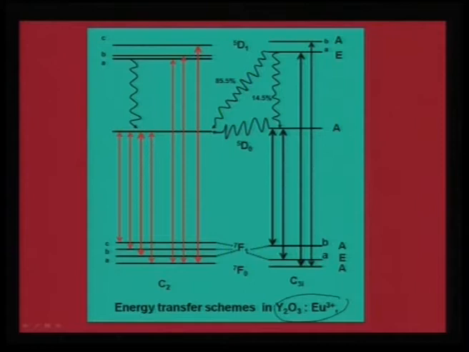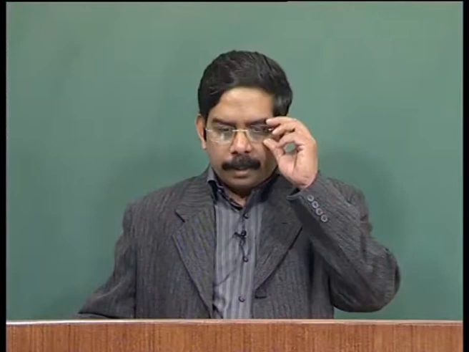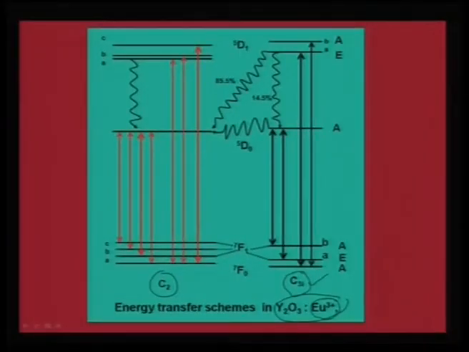The europium 3 plus can actually go into two different sites in yttria. One is, there is nearly 70% of sites have C2 symmetry, and then 30% of sites have C3I symmetry. Therefore, the europium which is actually doped in yttria can either go to C3I site or it can go to C2 site.